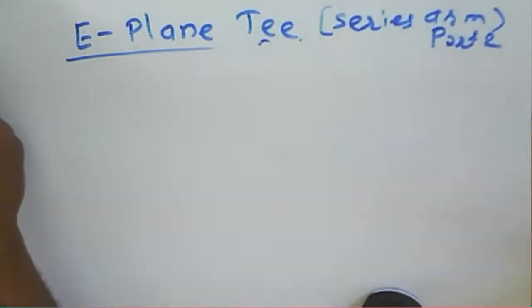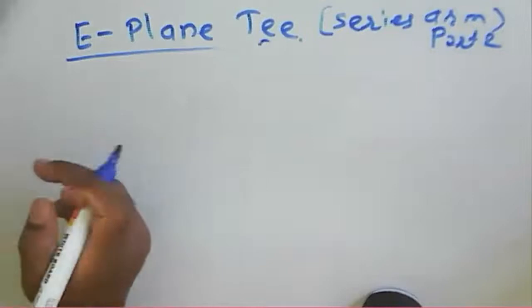So what is the S matrix for the E plane T? Generally we can say that the E plane T is a 3 by 3 matrix.